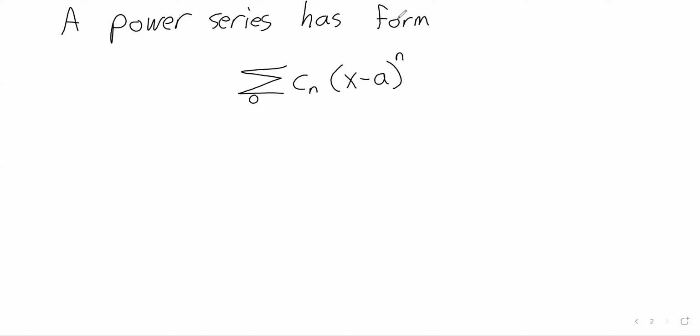We start at 0 because starting at 0 gives us a C sub n term that does not have x's attached to it. It gives us a constant term for this infinite degree polynomial.